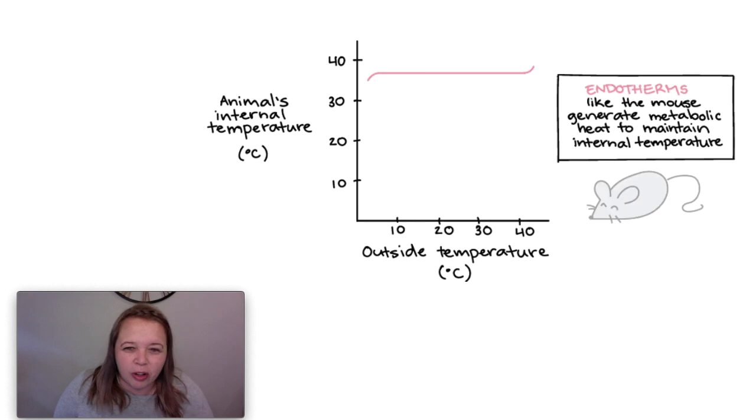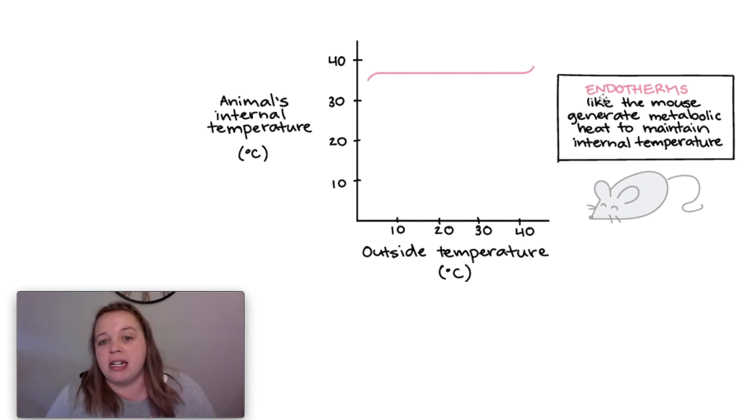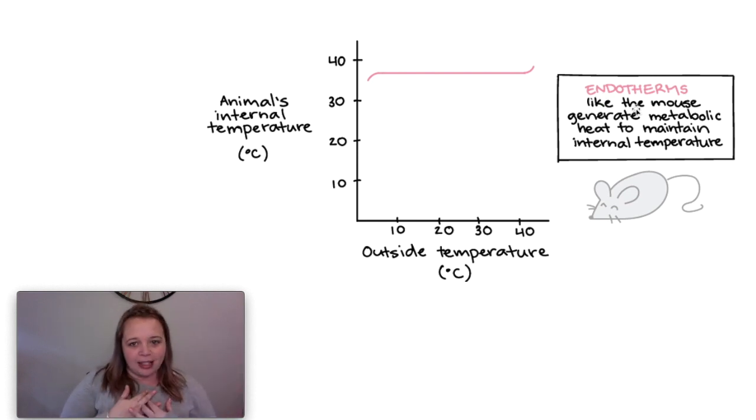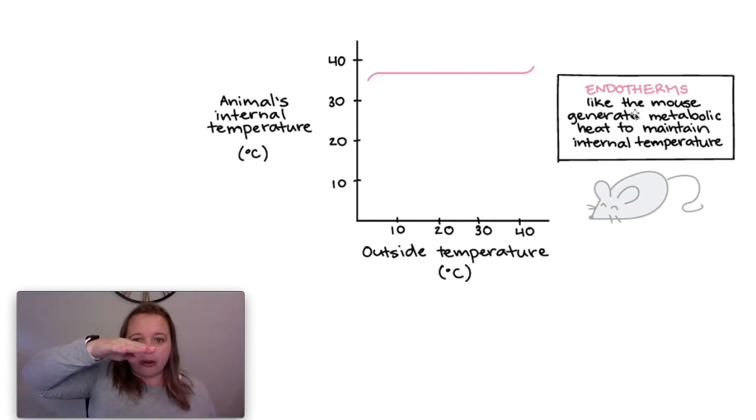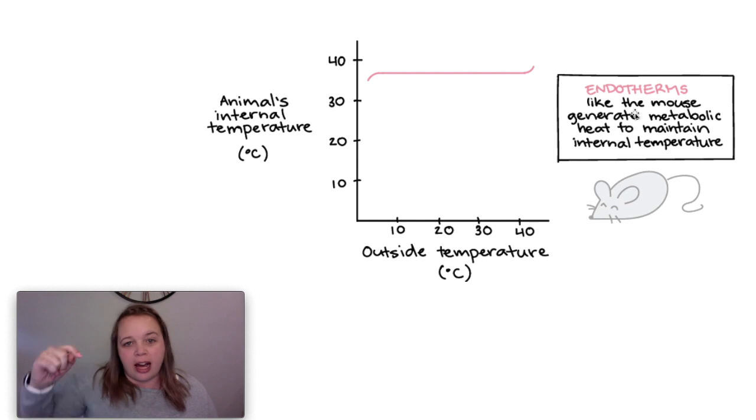The opposite of an ectotherm is called something different. These are what you might have called your warm-blooded creatures. So these are endotherms. Endo meaning inside, therm meaning temperature. Ecto meant outside, meaning outside temperature. So these are like us. We are an endotherm. We stay at the same body temperature no matter what the outside temperature is, or as much as possible.